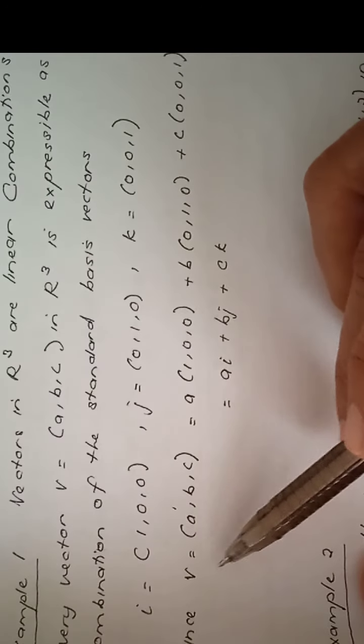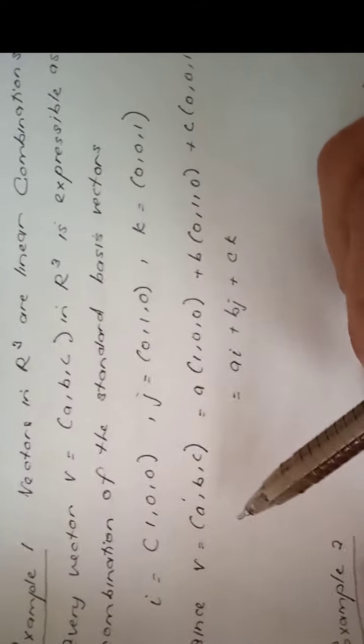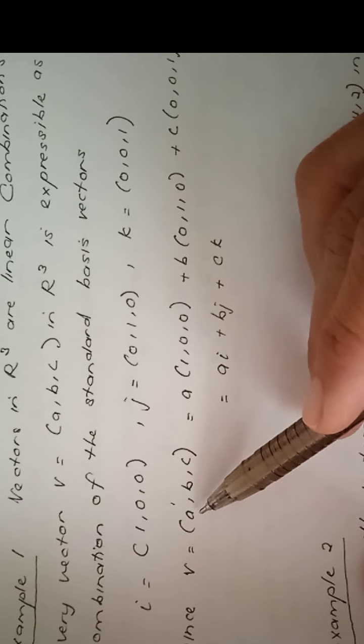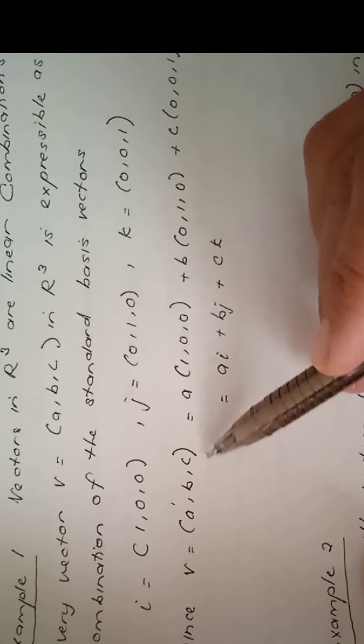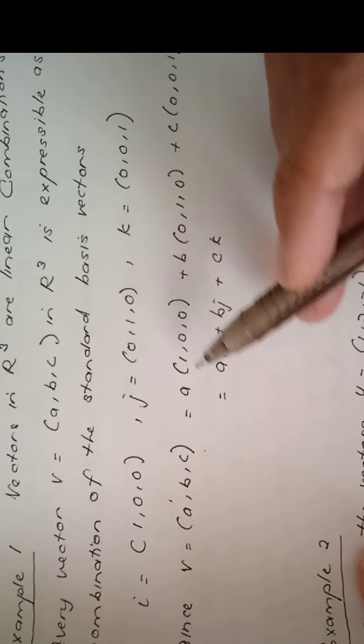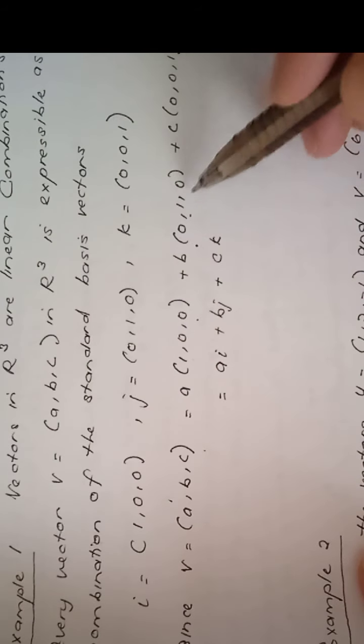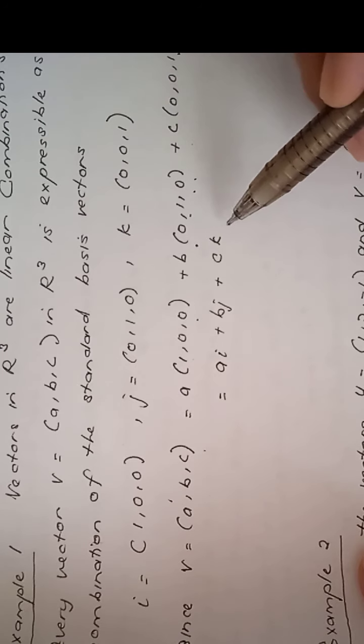Since V is any vector in R3, we can write V as (a, b, c), where a, b, c are real numbers. So we can write a(1, 0, 0) plus b(0, 1, 0) plus c(0, 0, 1).